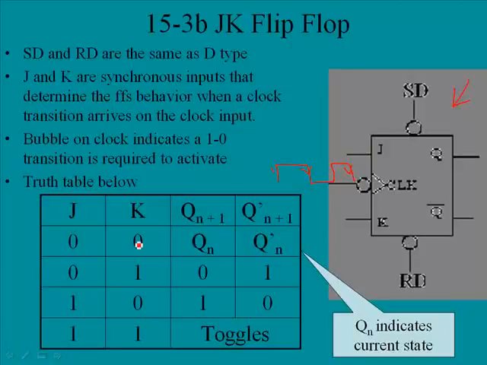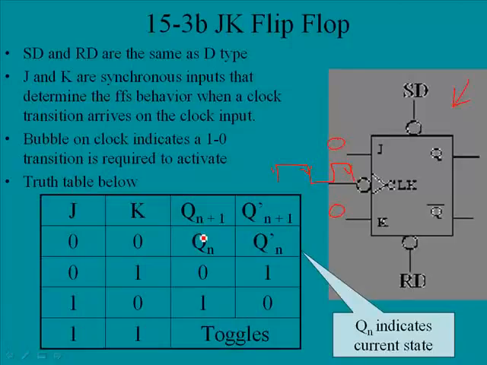Now, here we have the truth table for this device. With J and K, since there's two possible inputs here, we're going to have 4 possible states, 0, 1, 2, and 3. Now, the first one, if we had a 0 and a 0.